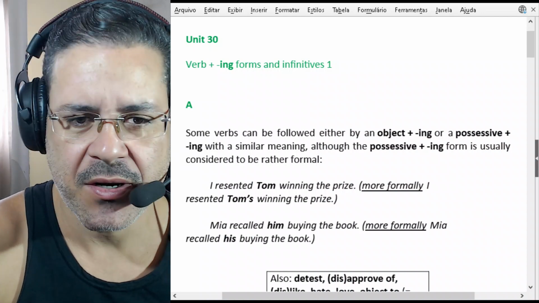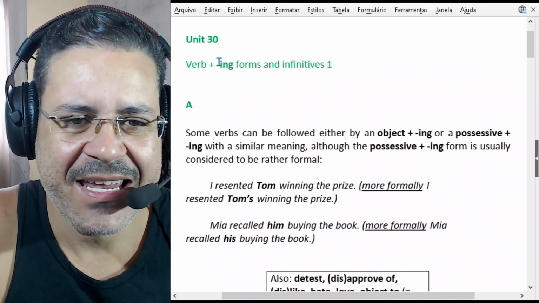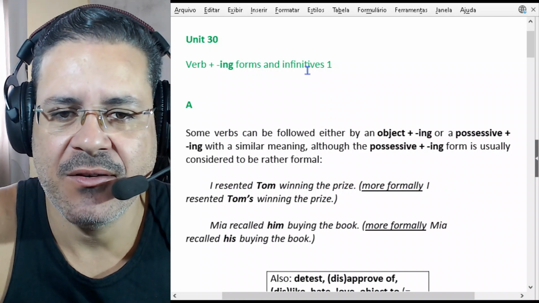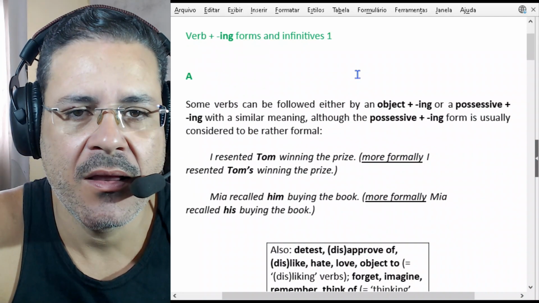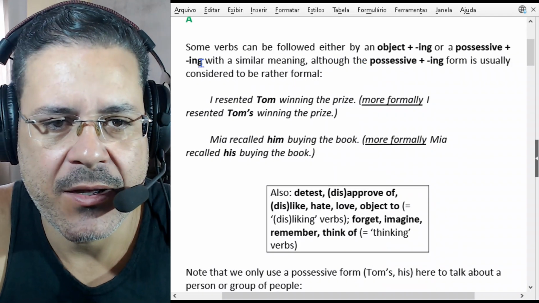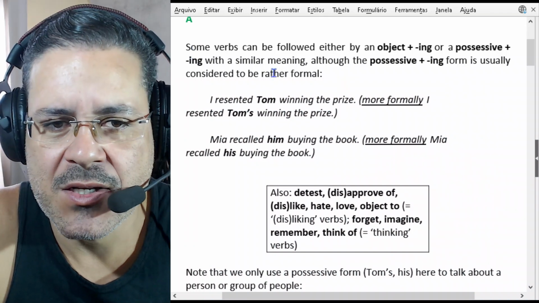Today, we're talking about verb and the ing forms and the infinitives 1. Okay, let's get started. This is section A. Here we talk about this aspect.